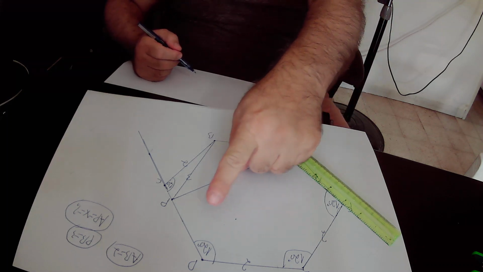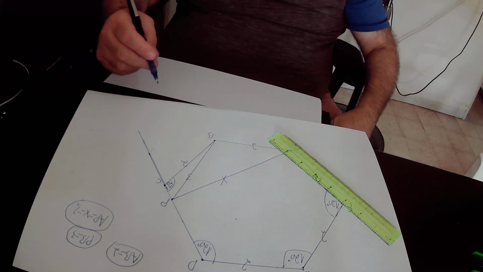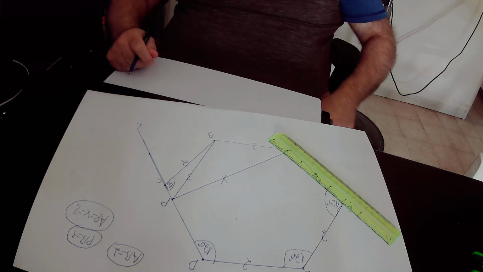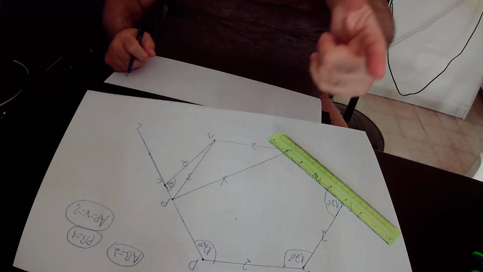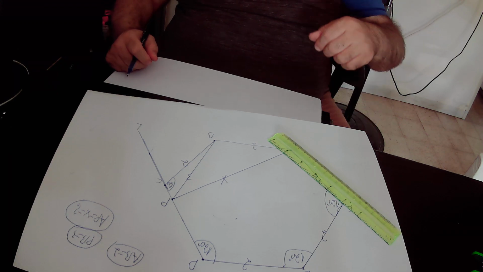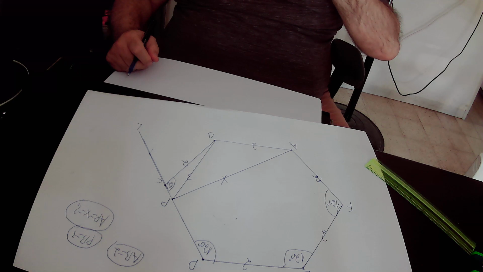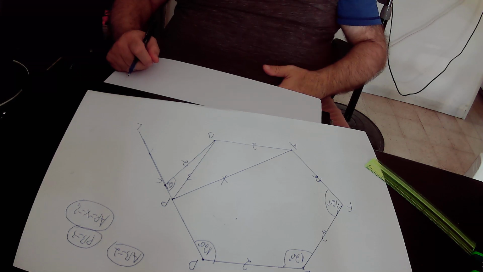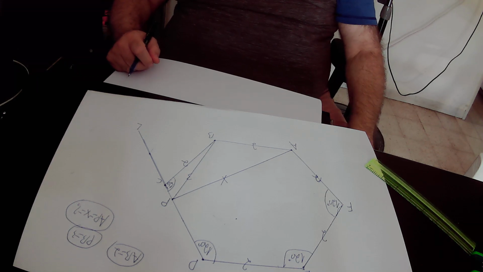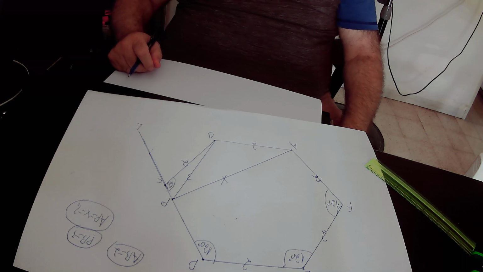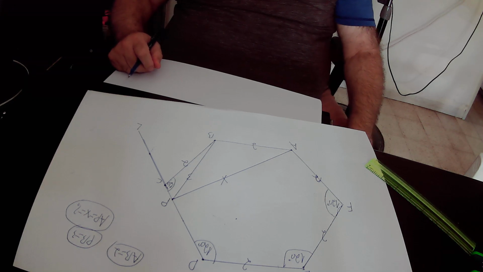Here, extending side DC by a straight line, we will define this point as L. DC is one side of this regular hexagon, and it is absolutely a straight line.